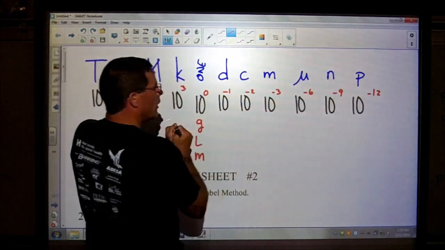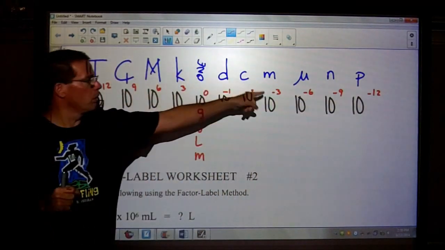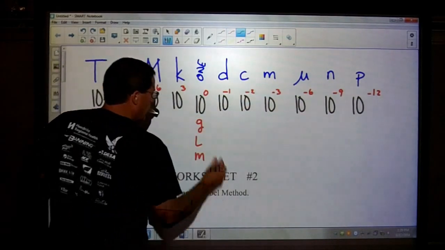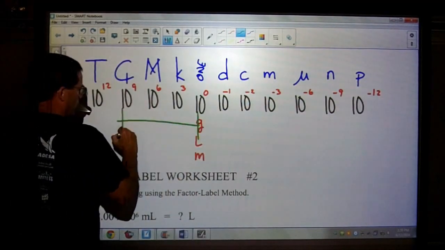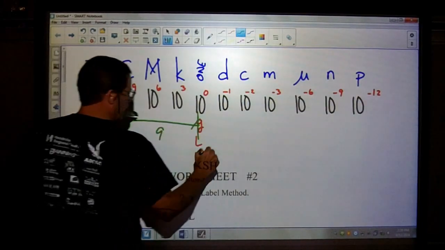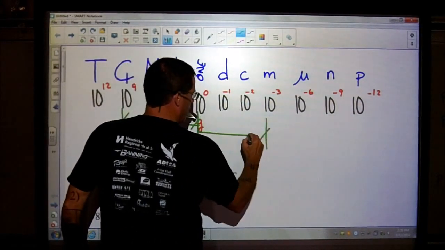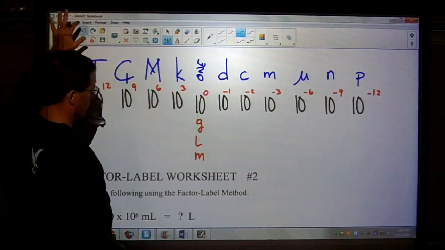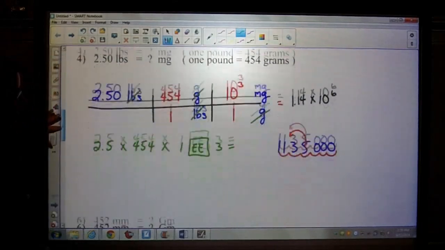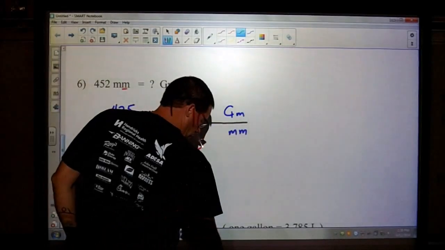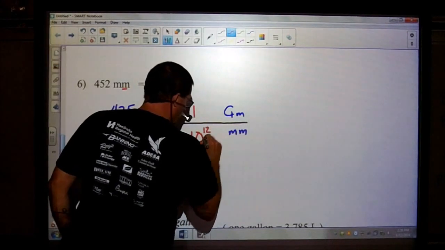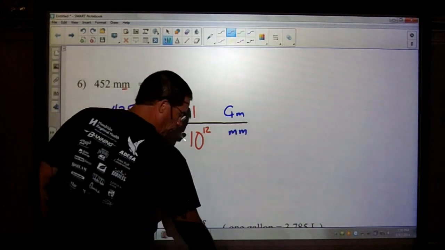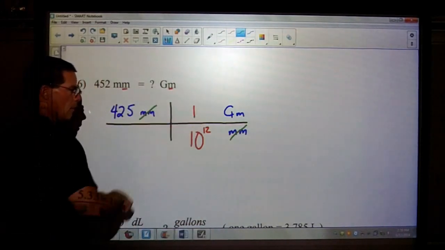So 9 plus 3, not minus 3, 9 plus 3. So that means that my exponent on the milli is a 12. And so it looks like my units have canceled out and I'm left with gigameters.